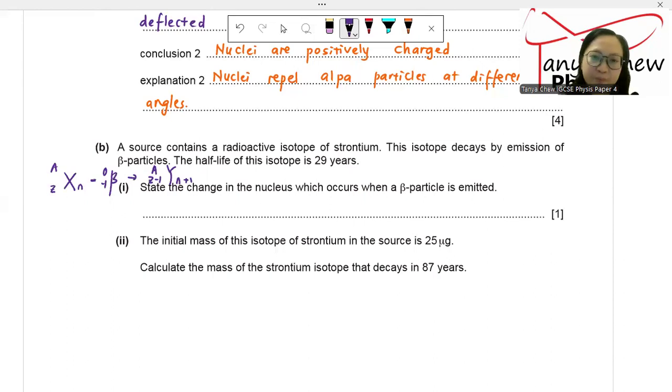So you could say that the number of protons inside the nucleus decreases by 1, or you could say that the number of neutrons increases by 1, or changes by 1.